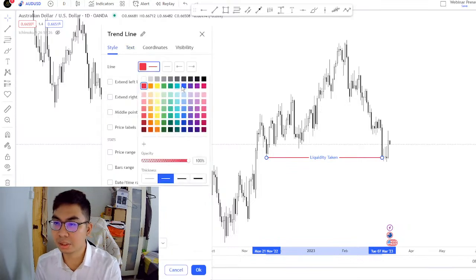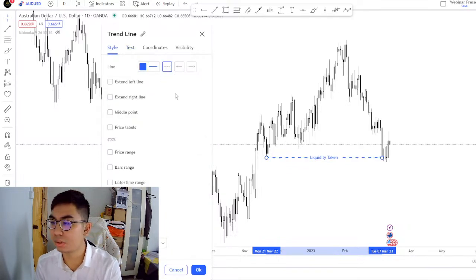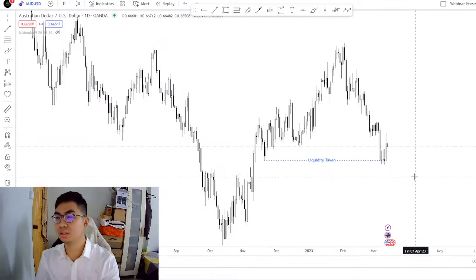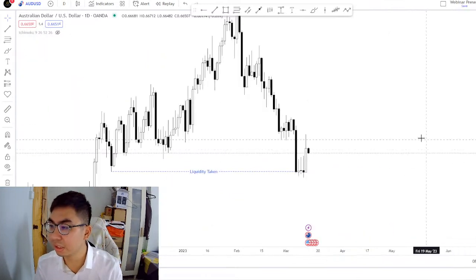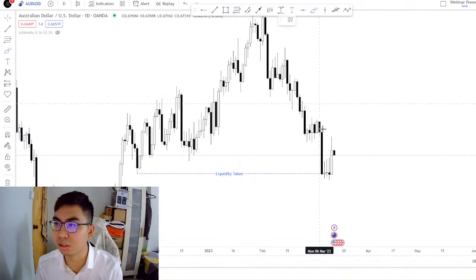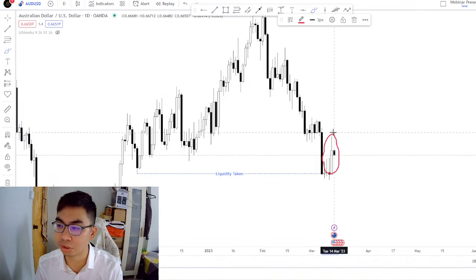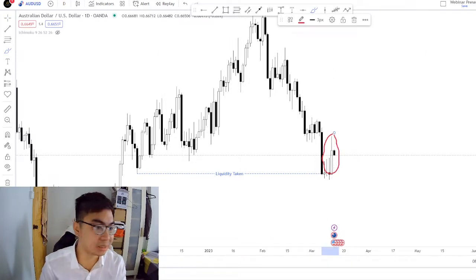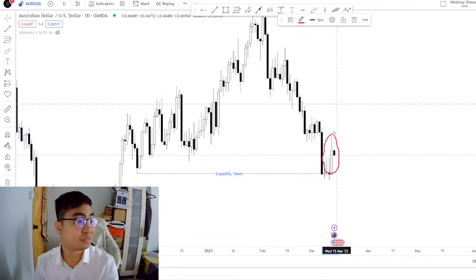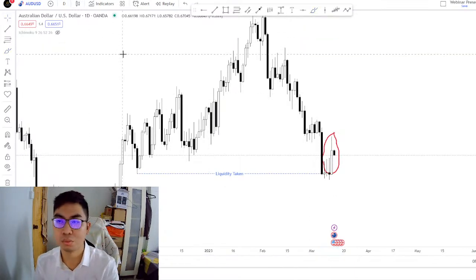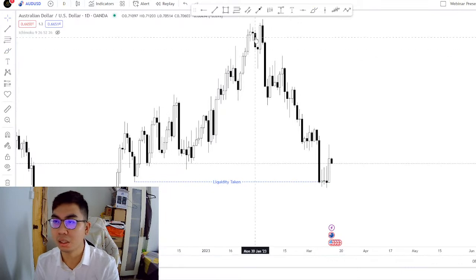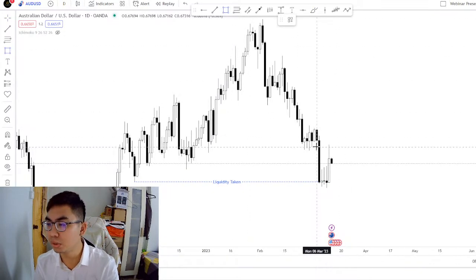So this area, liquidity got taken out. Next, the daily bias. Right now, the daily bias is bullish. Price bounced up very strongly. Strong displacement. With a strong displacement in place, I'll be looking for price to continue, possibly bullish.